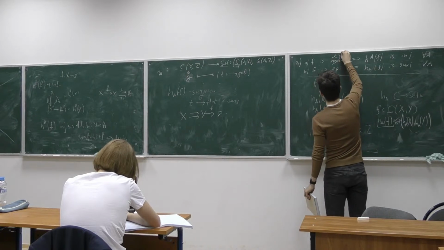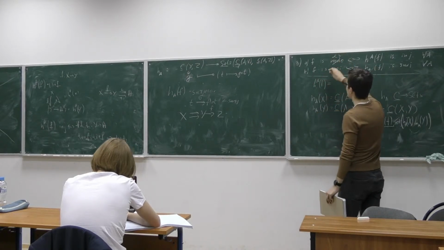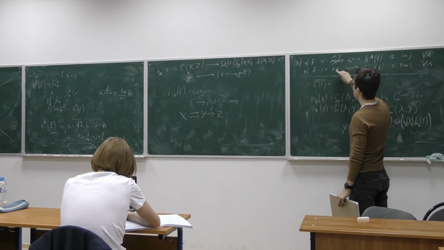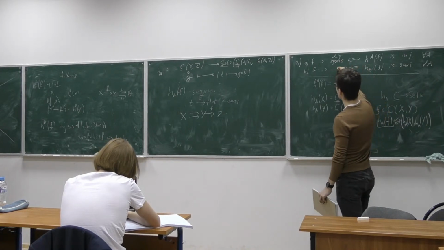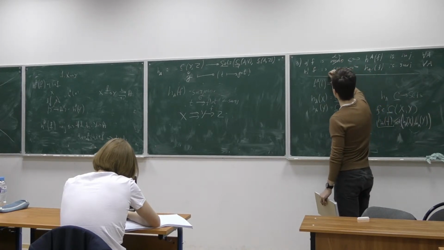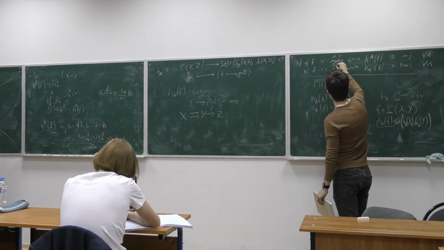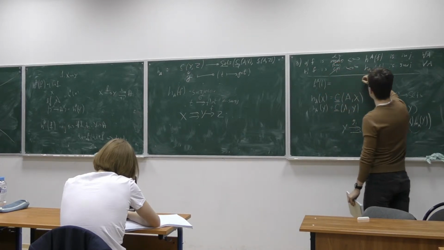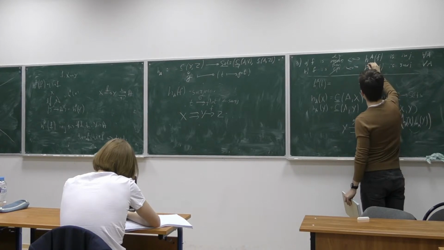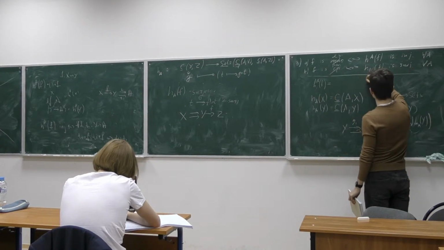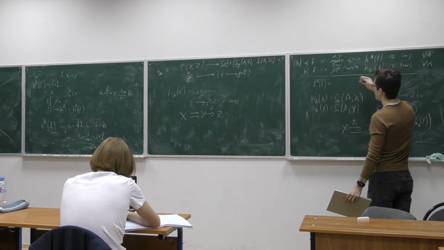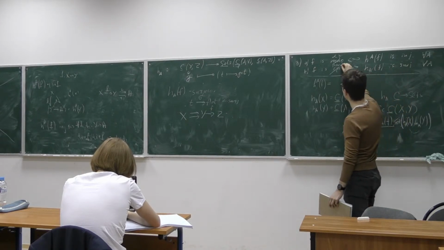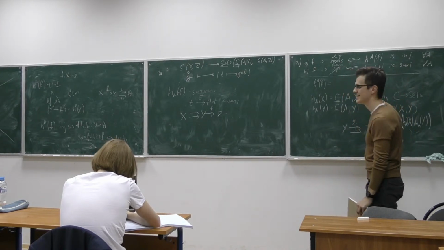If we completely dualize the statement, what we obtain is that F is mono if and only if the lower map is injective. I believe it should be like this.